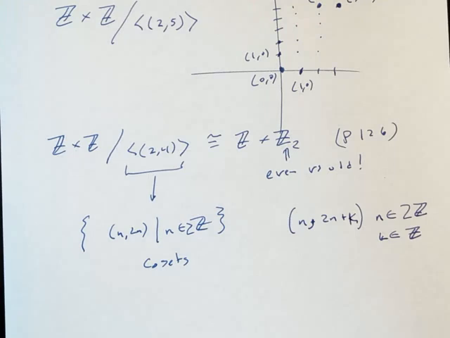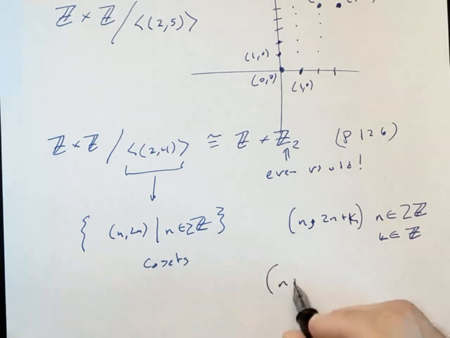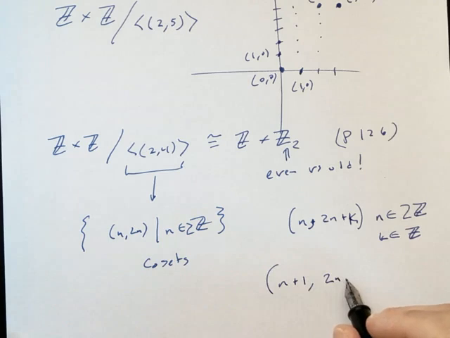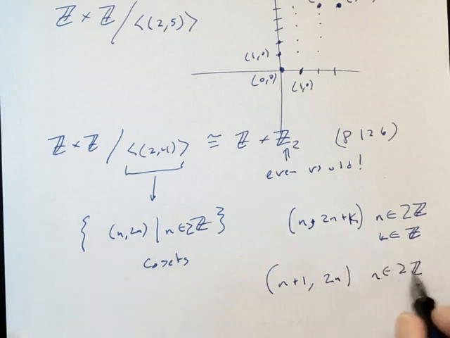But if I add 1 to the first coordinate without changing the second one, then I get an odd number, and that is absolutely not the same as this. So I have cosets in 2 different directions.